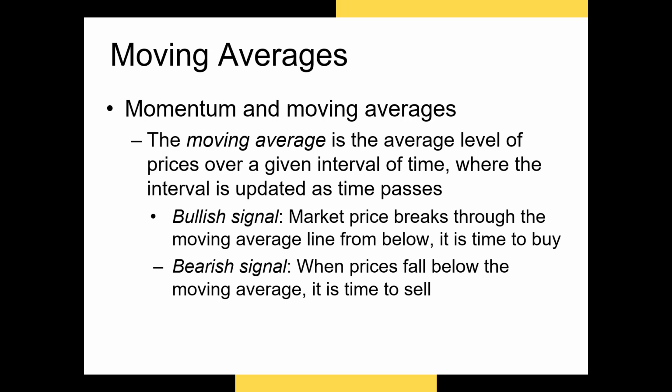And so it's time for us to buy those shares of that stock. A bearish signal would be the exact opposite, when the current market price falls below its moving average, whether that's the 10-day moving average or the 20-day moving average, etc. So when we see that bearish signal, a technical analyst might say that it's time to sell that stock.